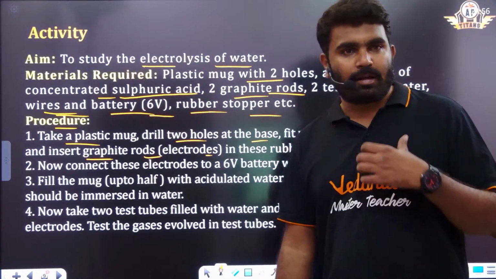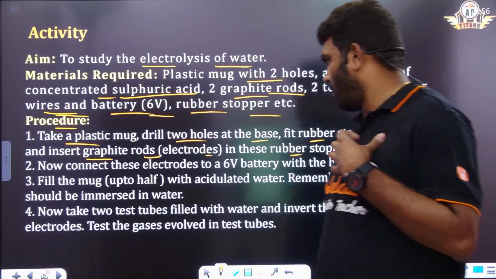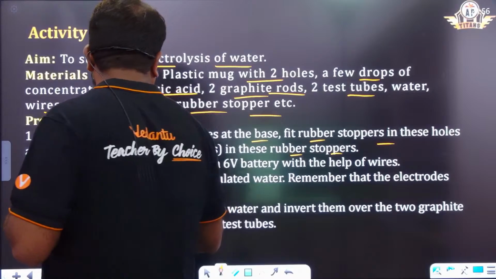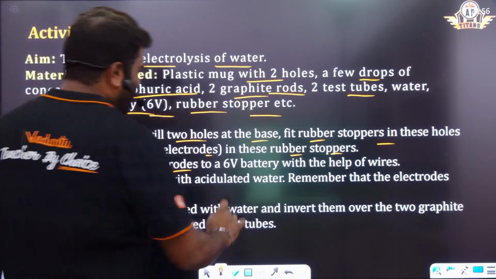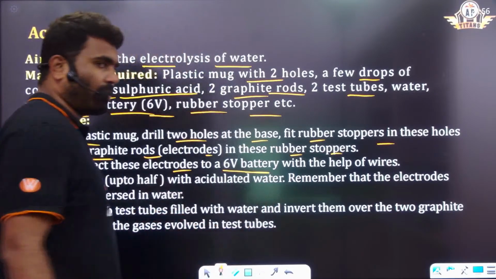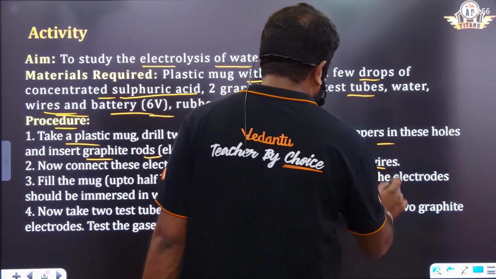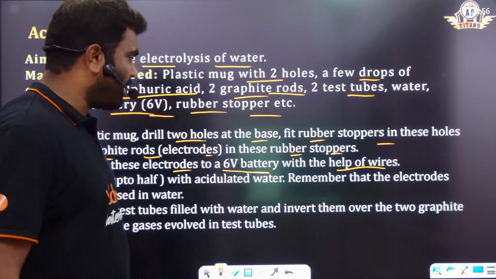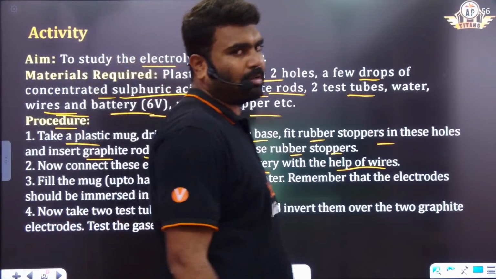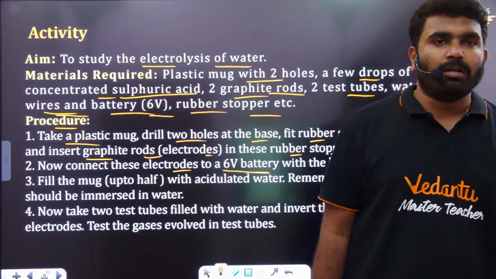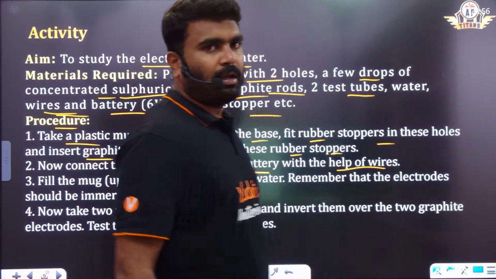Now connect these electrodes to the 6-volt battery with the help of wires. You can take a 6 volt or a 9 volt battery, either one.